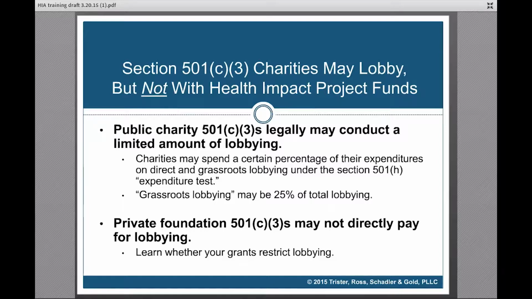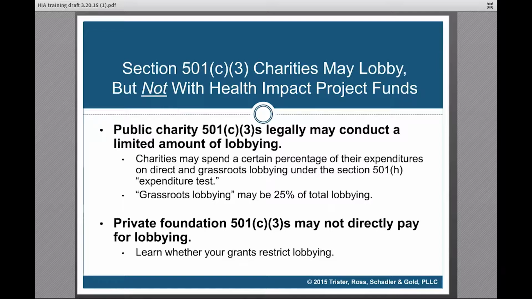So we'll walk through all three of these elements. But keep in mind that if you're having a communication that leaves off any one of these three prongs, then that activity is not direct lobbying. So a communication directly with a legislator or staff member that's not about specific legislation will not be direct lobbying.